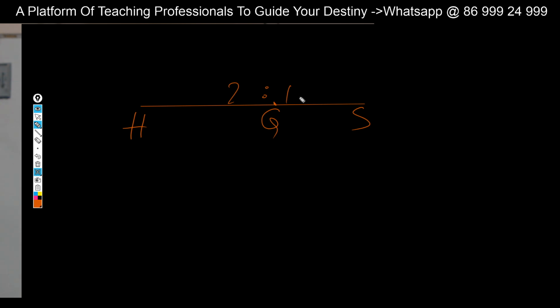That is, this is the orthocenter, this is the centroid, this is the circumcenter. These three are always collinear; in any triangle, all these three are collinear. So the centroid divides the line joining orthocenter and circumcenter in the ratio 2:1. Then if you apply the section formula, G is equal to (2S plus 1 into H) by (2 plus 1), which is 3.